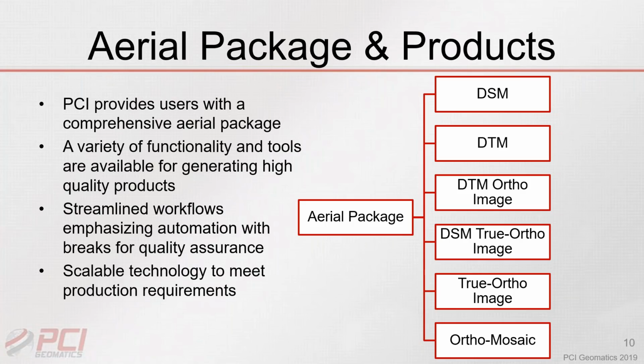Then we can use that digital terrain model to create a digital terrain ortho image, or in the case of highly overlapping data, we can generate a DSM true ortho image. And then of course the ortho mosaicing processing that's possible with both the DTM and the DSM ortho.